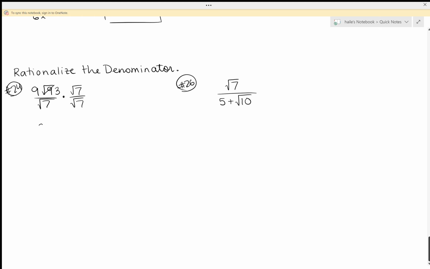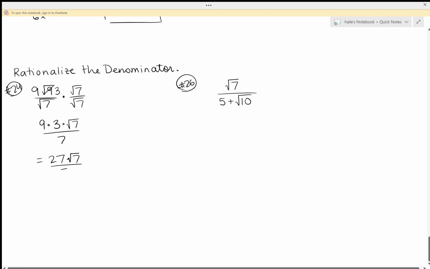So the top of this becomes 9 times 3 times the square root of 7 all over 7, which is 27 times the square root of 7 over 7. And that's as simplified as we can get because 7 does not divide 27.